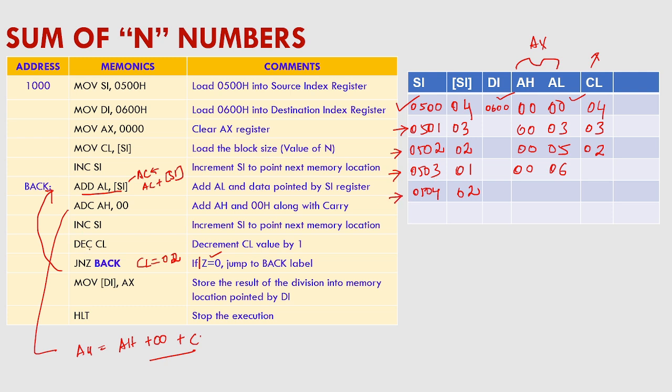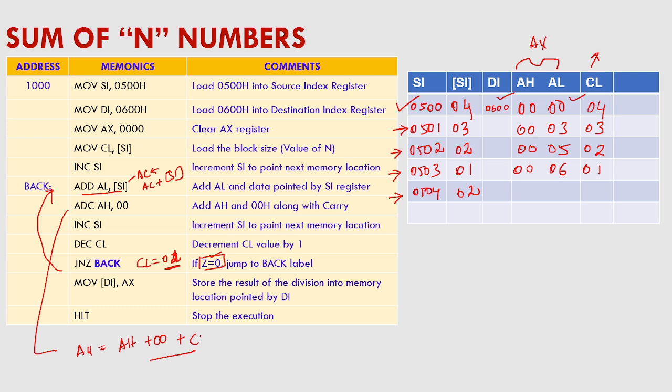Now decrement CL to 01. Is CL equal to 0? No, so the zero flag is not set. Again it goes back to the loop BACK and does the process again.